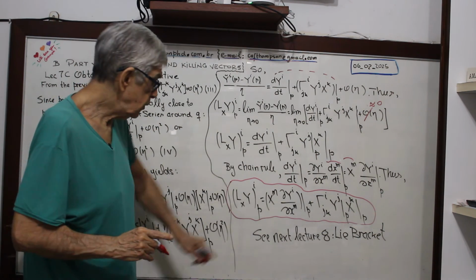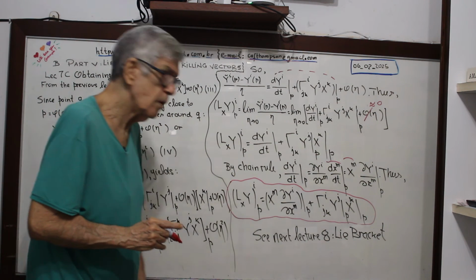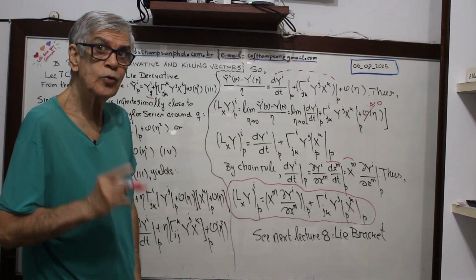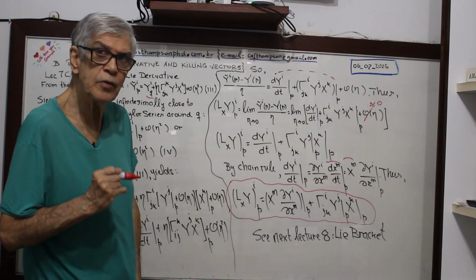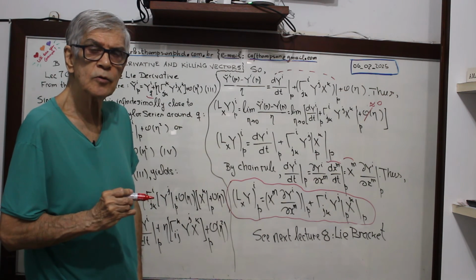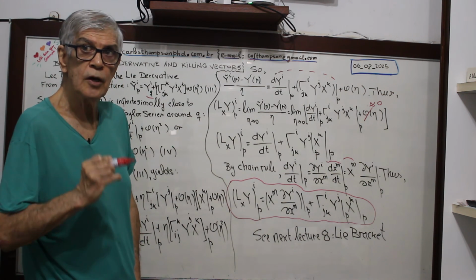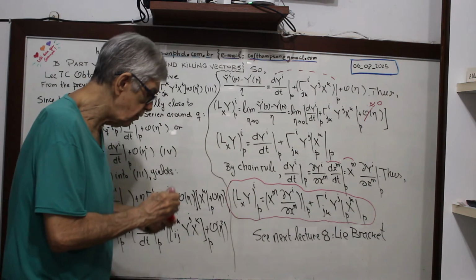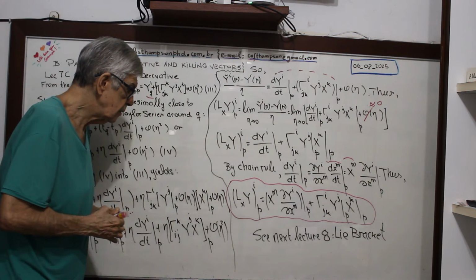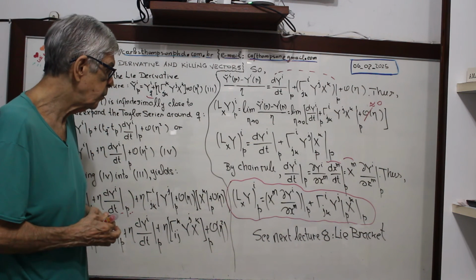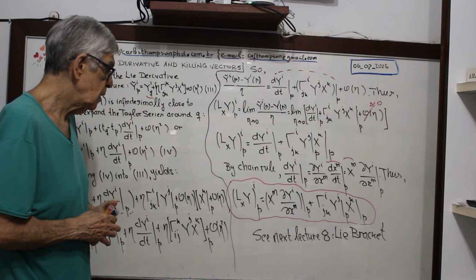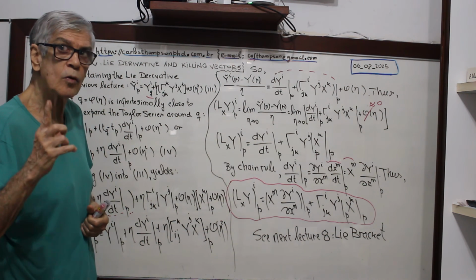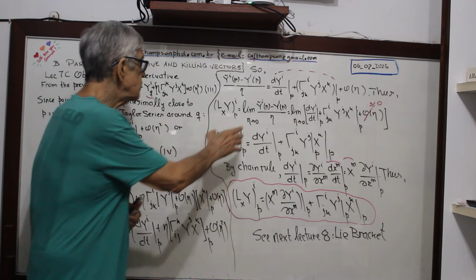Now, for the next lecture, number 8, we will derive the Lie derivative in terms of the Lie bracket using this relation over here. That's a very, very interesting development. So the Lie bracket is a consequence of this definition.